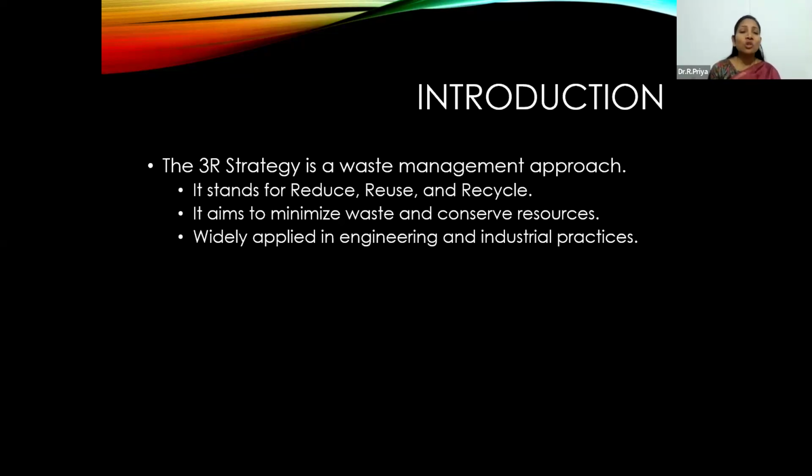Today the 3R strategy is widely applied in engineering and industrial practices. Engineers use it in product design, manufacturing, construction, energy systems, and waste management to promote sustainability and environmental responsibility.